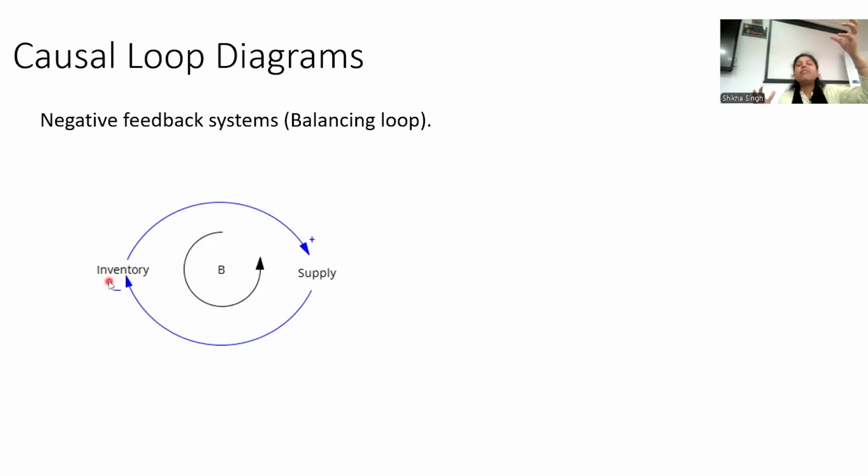Then other factors may come into the picture and reduce the system's performance. Then again the positive feedback loops may come into the picture, and the performance will be increasing. So like this, there will be an oscillation in a real-time system.